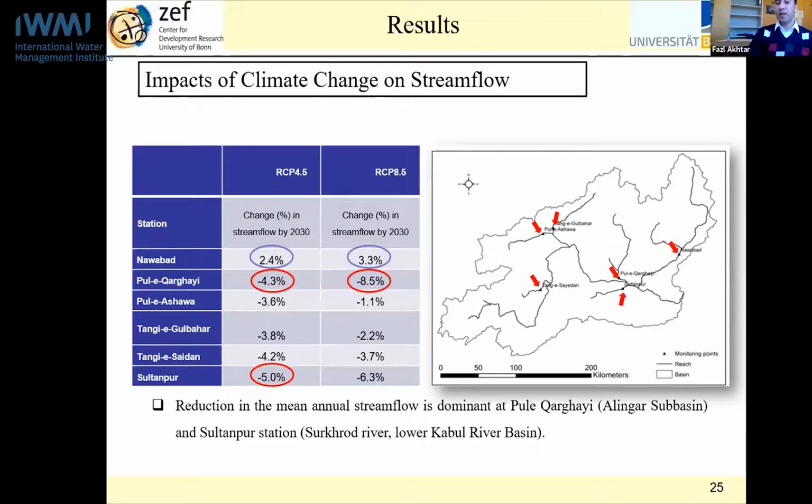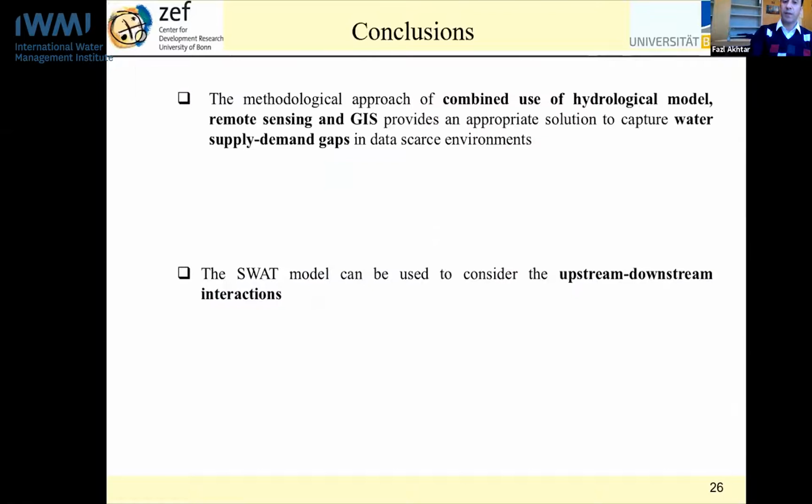The reduction in the mean annual stream flow is dominantly, as you see, at Puli Kargai under both scenarios. An increase under both scenarios is expected at Nawabad station. And at Sultanpur station, under both scenarios, we expect a decline in the mean annual stream flow.